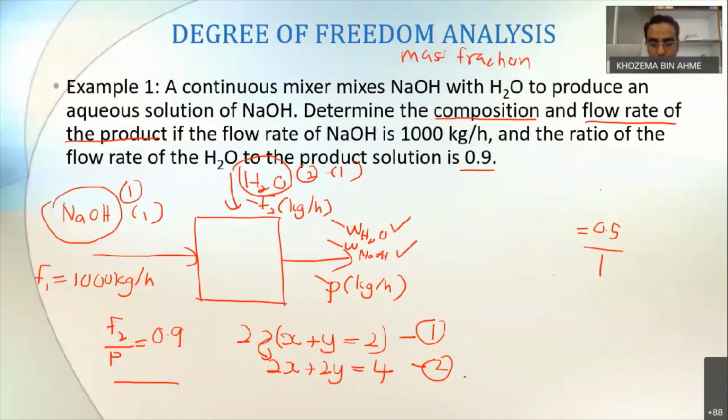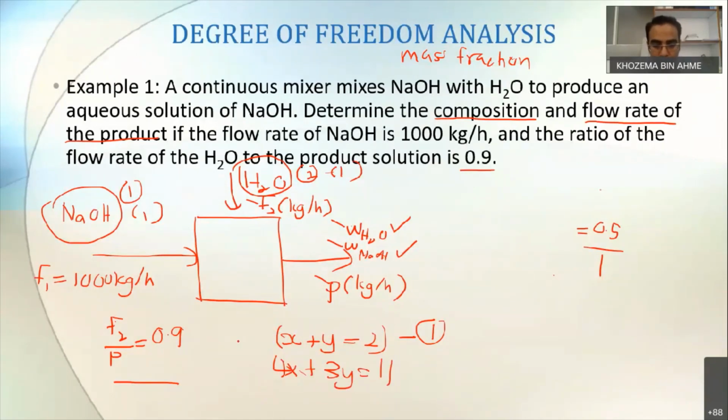So that is why this one cannot be considered in our degree of freedom calculation. We cannot have dependent equations. We can only have independent equations. So let's say this is my equation 1, and I say that 4x plus 3y is equal to 11.